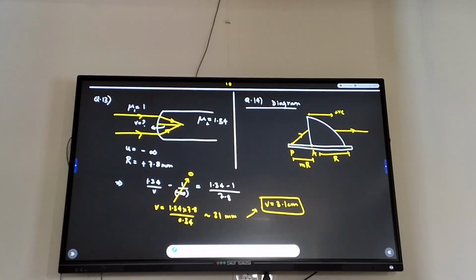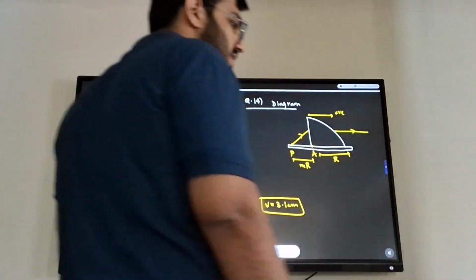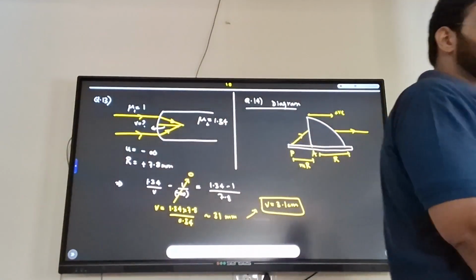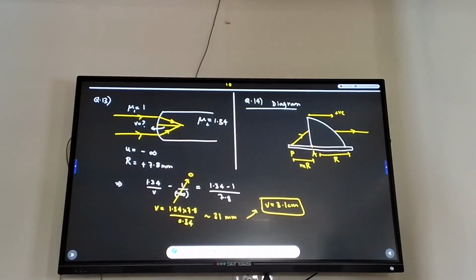By the way, the options for 14 are incorrect. So please change the options. Take new options: 1 by 2, 1 by 3, 3 by 4, and 4 by 3. 3 by 4 is incorrect. Take a guess.